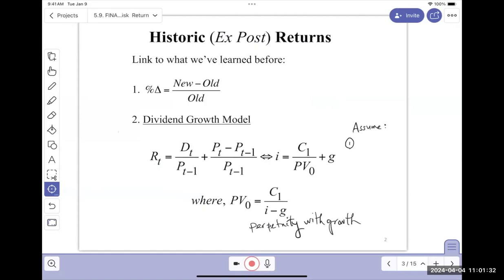Dividends, there are dividends, right? But dividends grow at a constant rate. So cash flows grow at a constant rate, right?